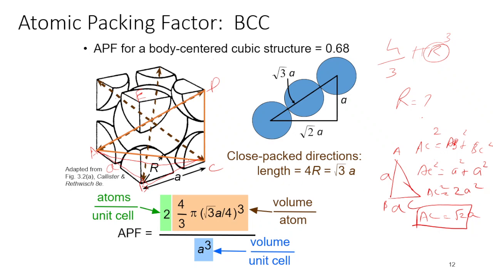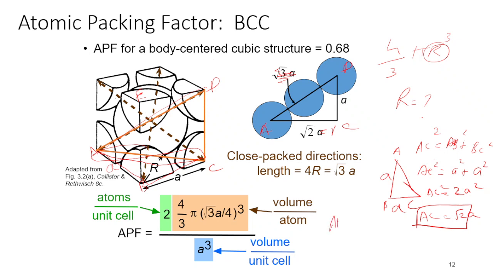Now we found the AC value, right? So this is A, this is C, and this is D. Now we are going to look at this diagonal element, right? We have now found AC. We have no idea what AD is.